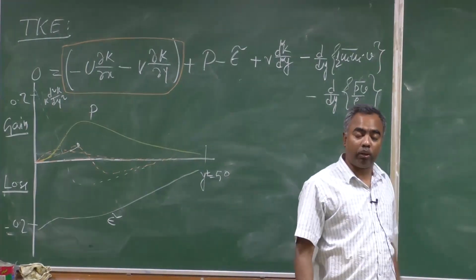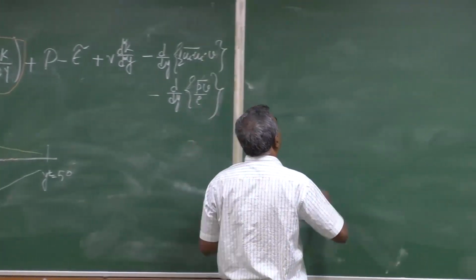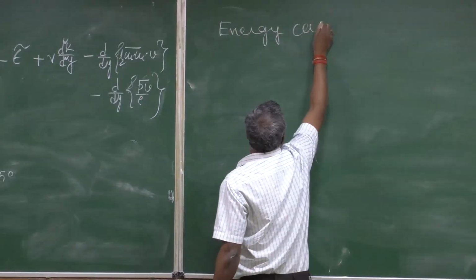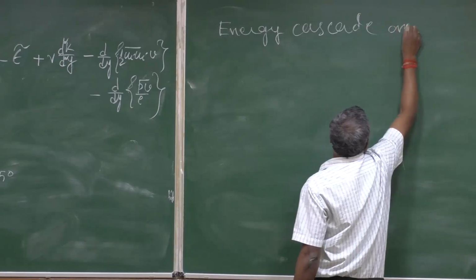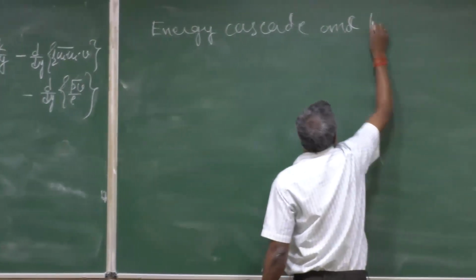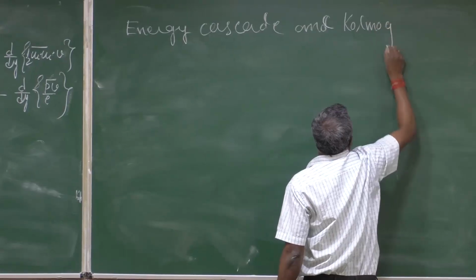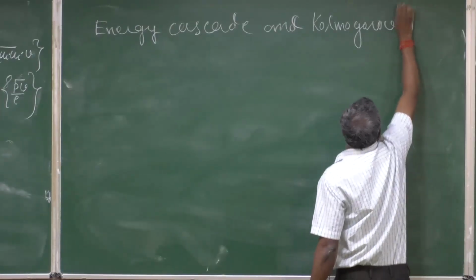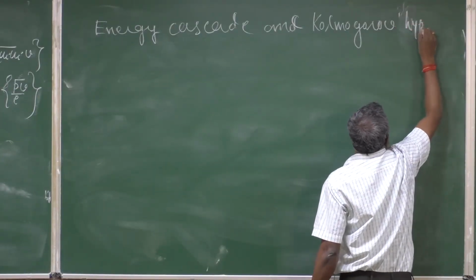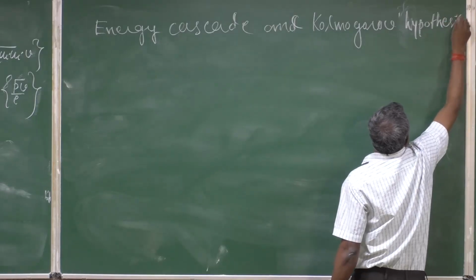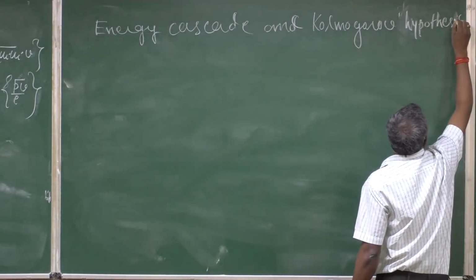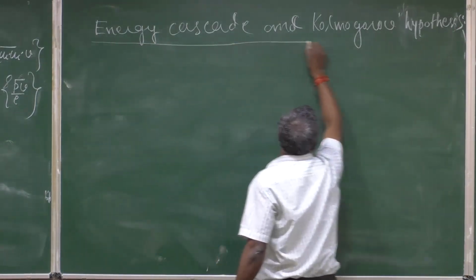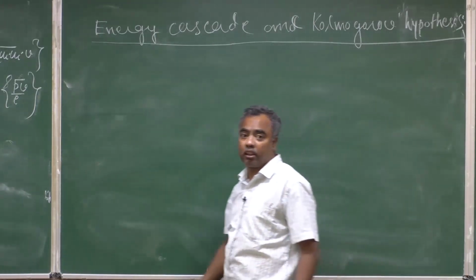Here we are focusing our discussion on energy cascade and Kolmogorov hypotheses, in plural, because there are 3 hypotheses. That is the topic of discussion at this point.